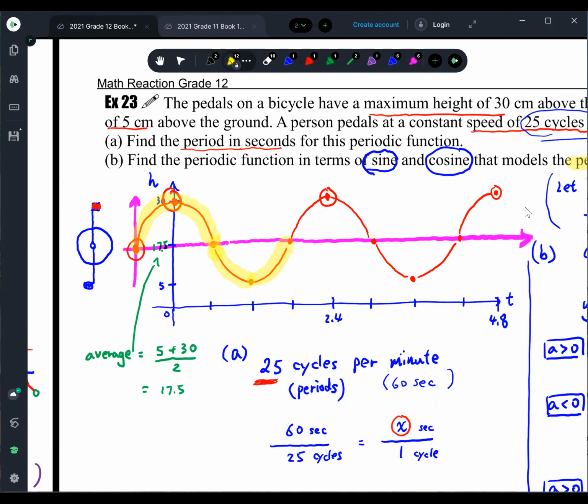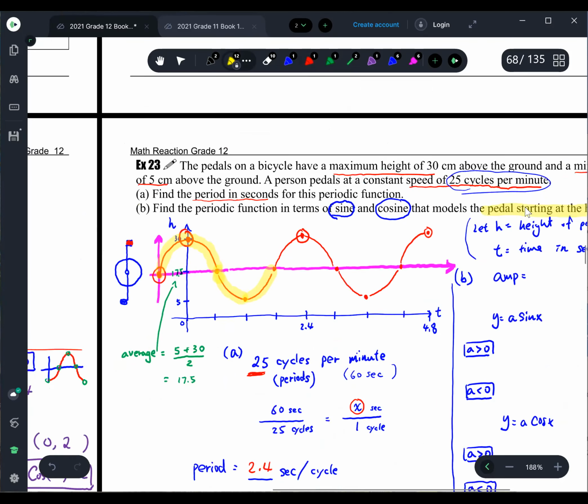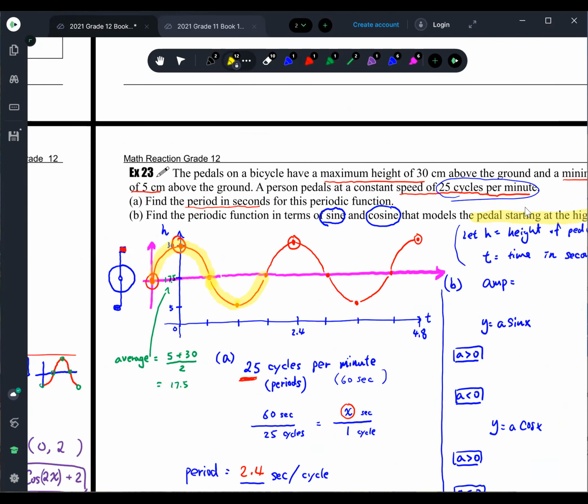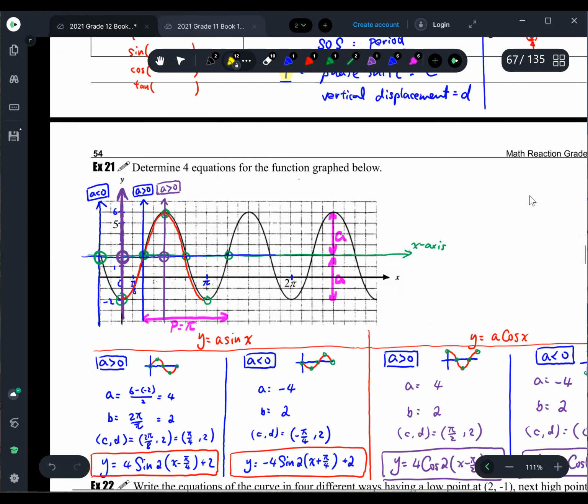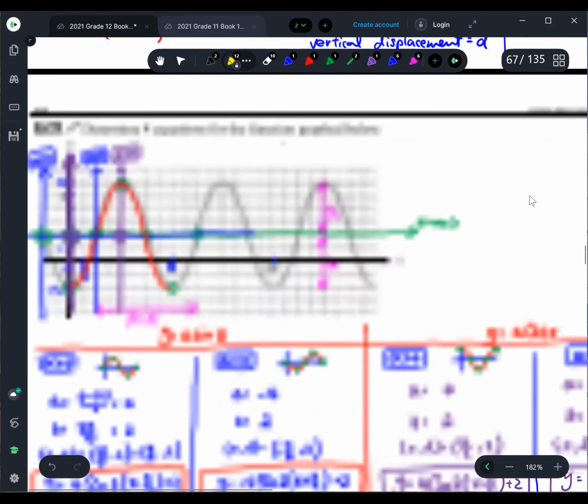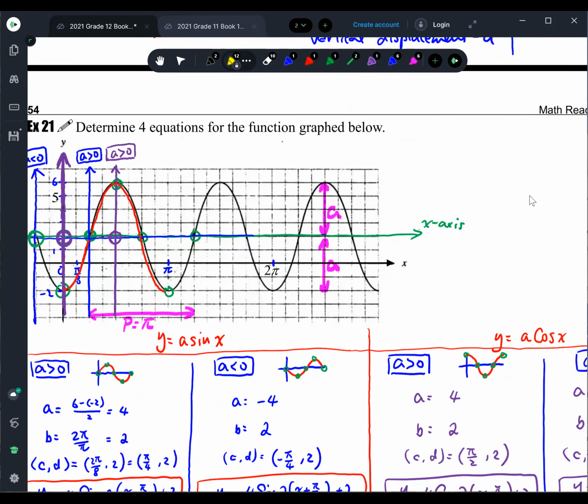You see that? After you figure out that's the part we want, we need to get the amplitude. Do you know what amplitude means? No. Amplitude, if you look at the previous page, is the distance from the highest to the middle line.